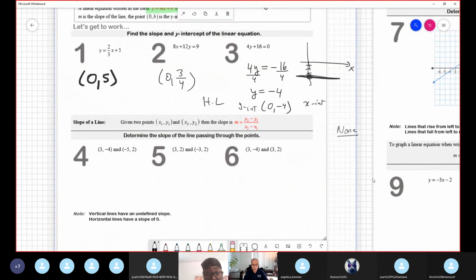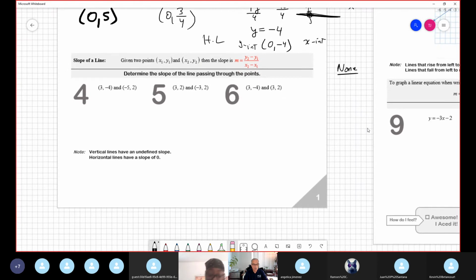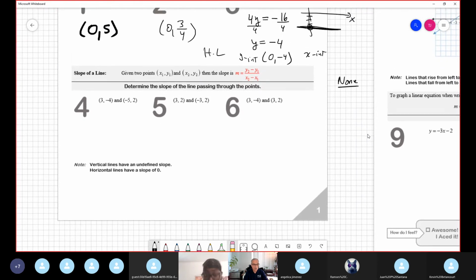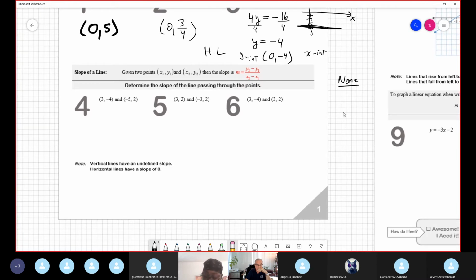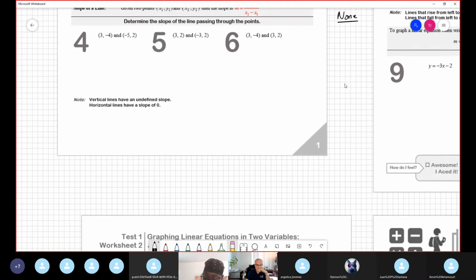Bang. Let's move on to number 4, 5, and 6. Well, it's easy. 4, 5, and 6 is to determine the slope using the formula for the slope. Let me remove a little bit of this to gain space to solve the problem. Remember the formula.